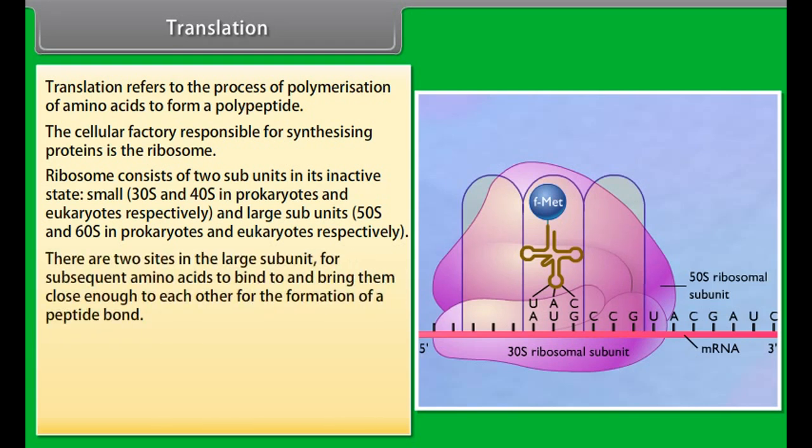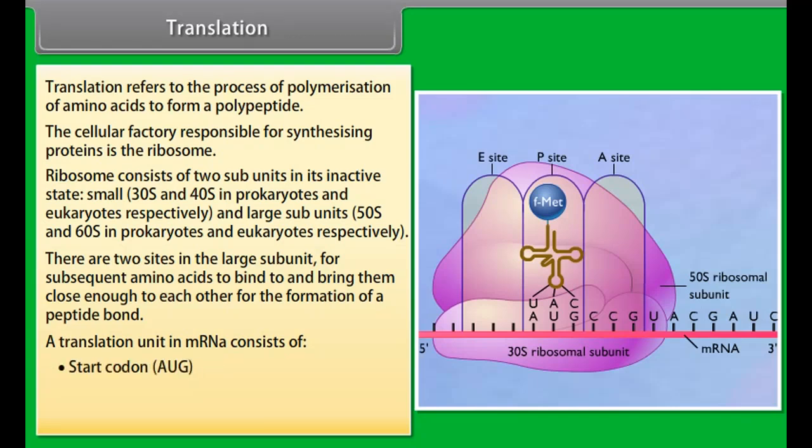There are 2 sites in the large subunit for subsequent amino acids to bind to and bring them close enough to each other for the formation of a peptide bond. A translation unit in mRNA consists of start codon AUG, stop codon, and untranslated UTR regions.